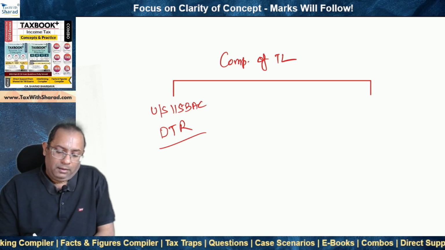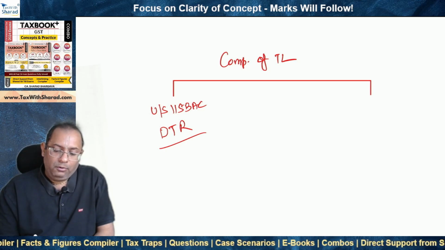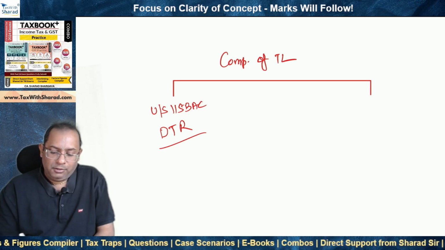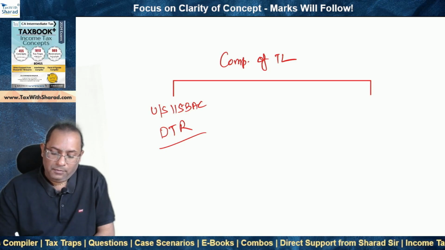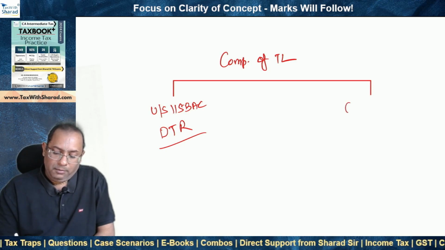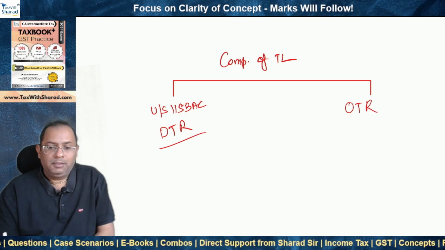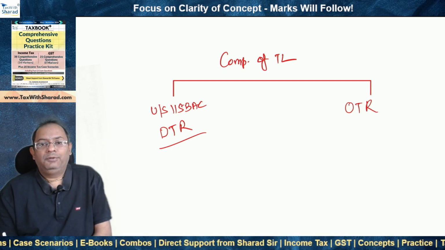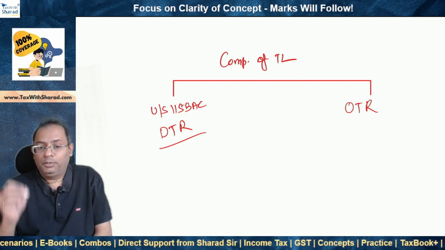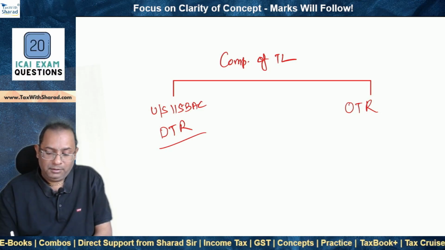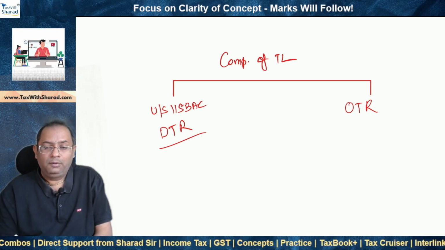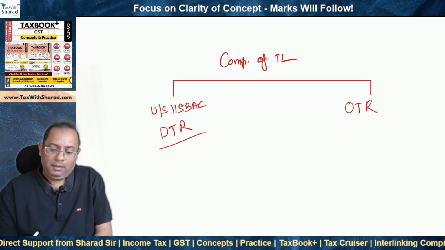Now you know that the SSE can opt out of the default tax regime, in which case what becomes applicable is the optional tax regime. And in such case, the computation of the total income and the tax liability has to be made as per the optional tax regime.